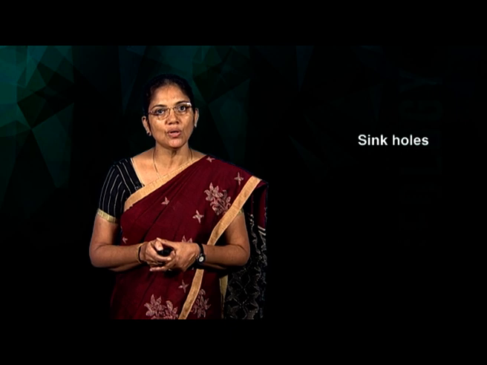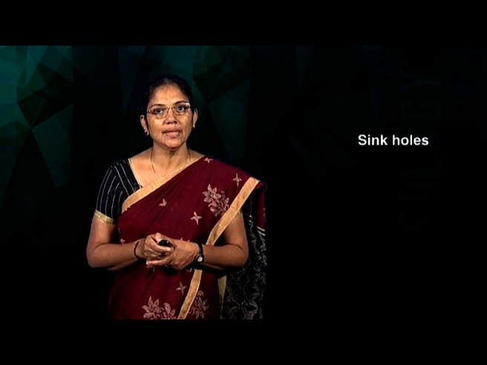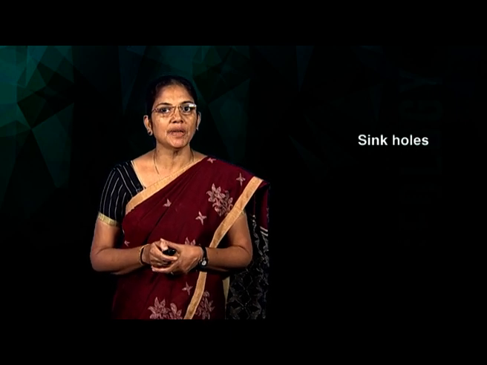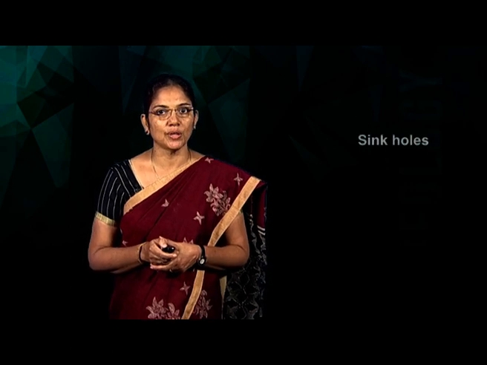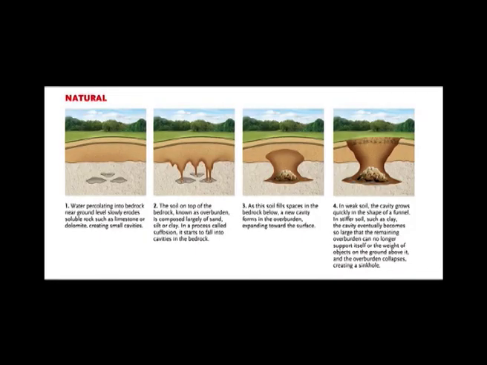These are also holes produced within the ground, mainly by the solvent action of groundwater. They are several meters in diameter, usually open to the sky. This type of erosional feature can be called dolines. This is the mechanism in which dolines are formed.